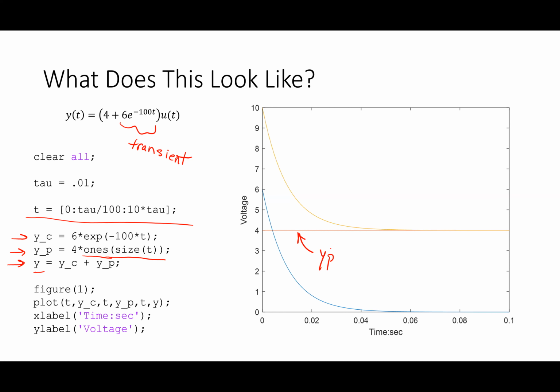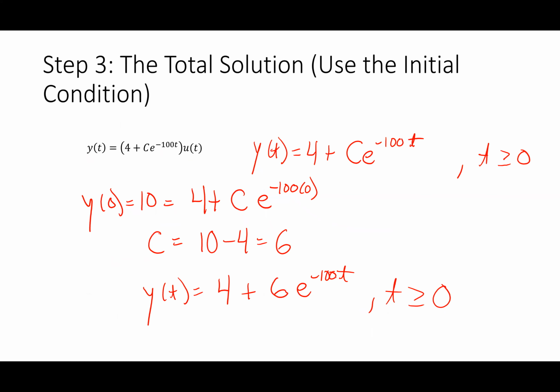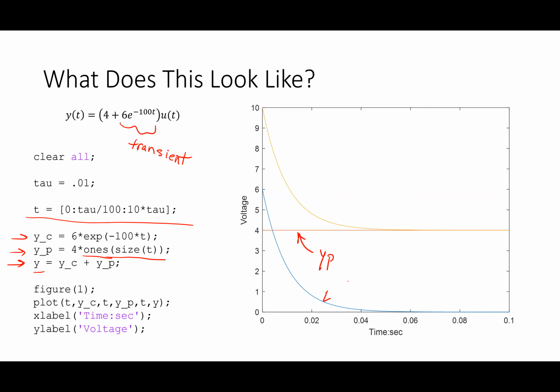Which one's the transient response? The blue. Oh, this guy is y sub c. All right. He decays to 0 entirely. This is my total solution. Right? It looks like the sum of yp and yc.